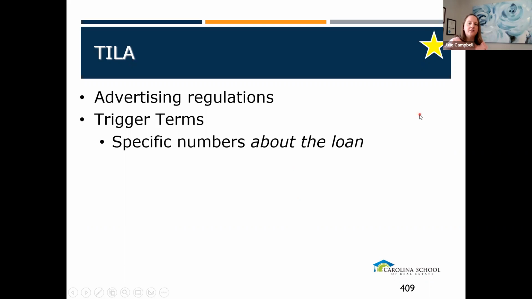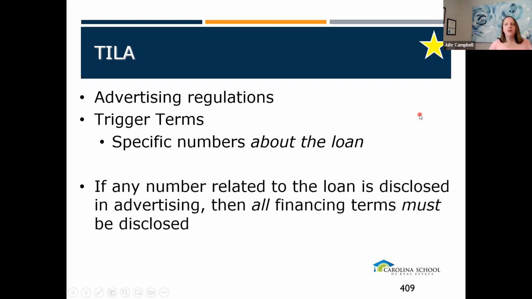And what TILA tells the lender is that if you hit a trigger term, if you hit a specific number about the loan, you've got to disclose it all. Here's the deal. If a lender mentions a specific number in their ad, the ad is implying that the loan is one-size-fits-all. And we all know that we have different credit scores, different credit histories.